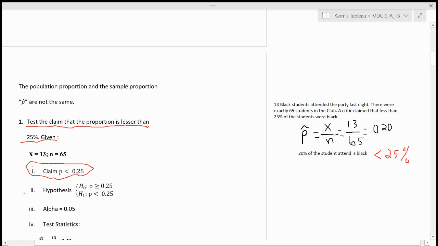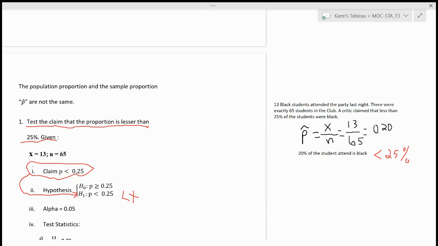We can note clearly that the claim belongs to H1. And notice carefully that because H1 is pointing to the left, there will be a one tail, mainly on the left side. Therefore, I'm going to call this one a left tail. It's good to know this information because later on it's going to help me calculate my p-value.